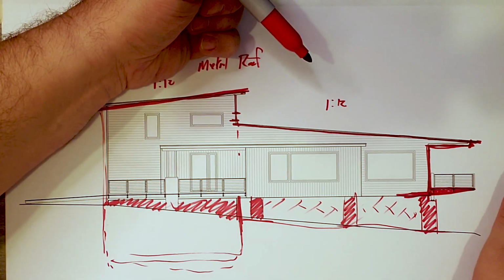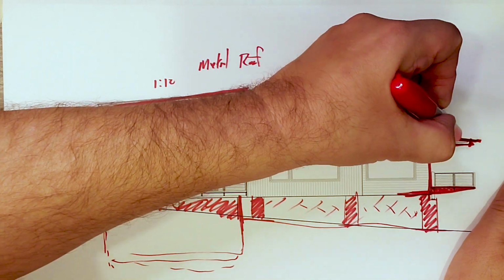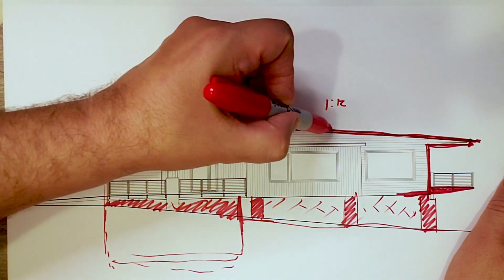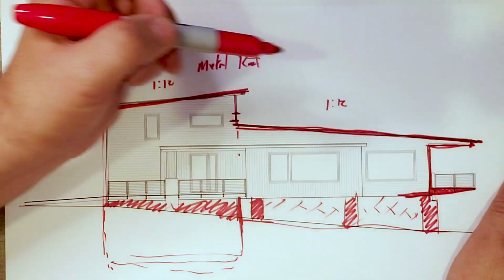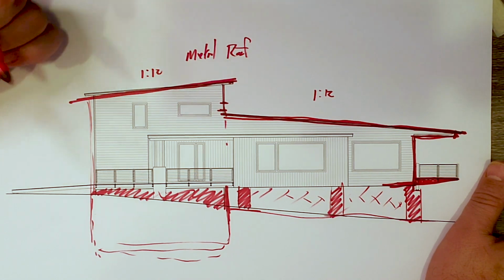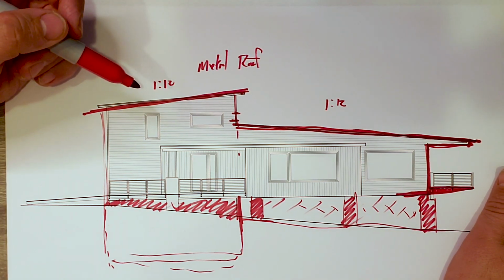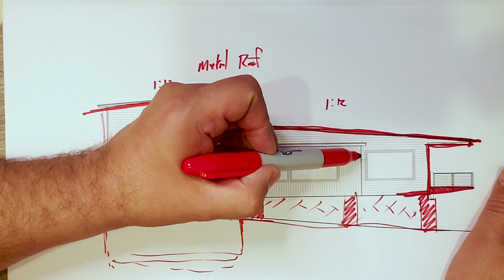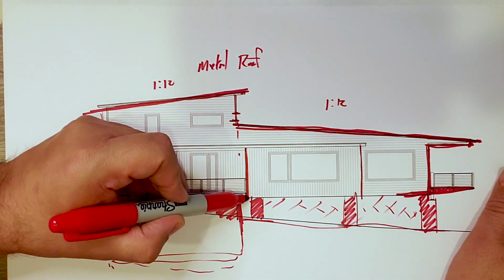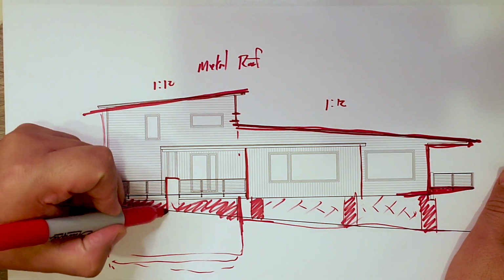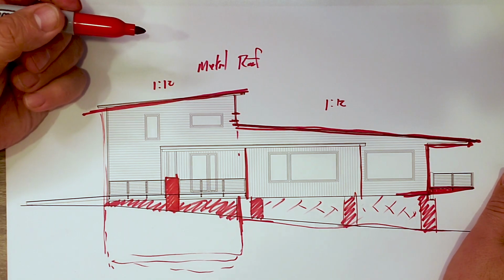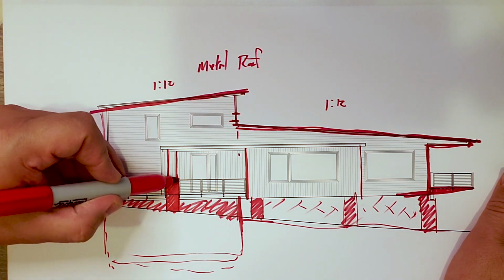Now, one of the strong pieces to this was, how do we make that 1 in 12 seem a little bit more dramatic than it actually is? Because it isn't that big of a slope. So we needed something as a counterpoint to it. So that bump out, which is the dining room, has a concrete pier that then goes up to a couple posts.